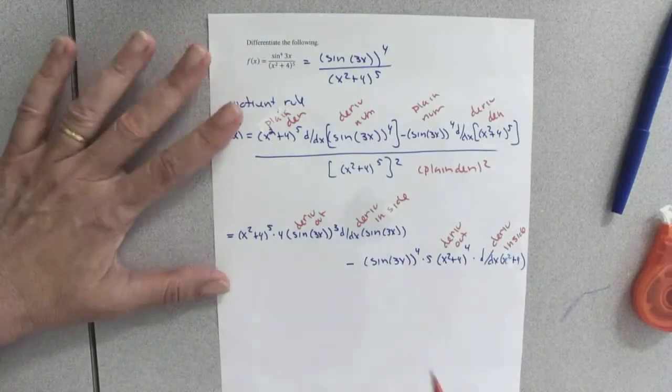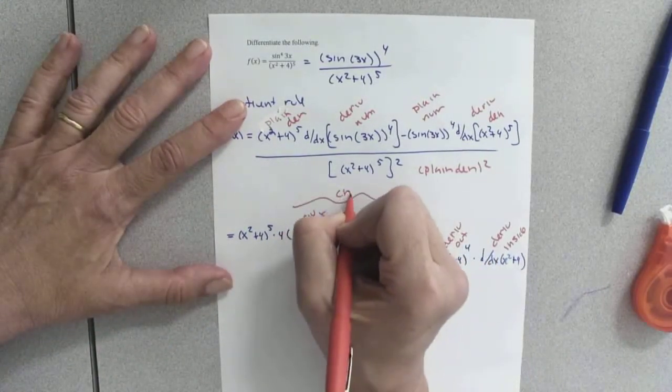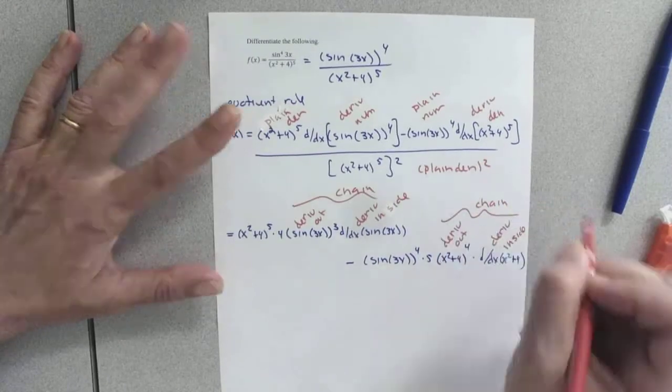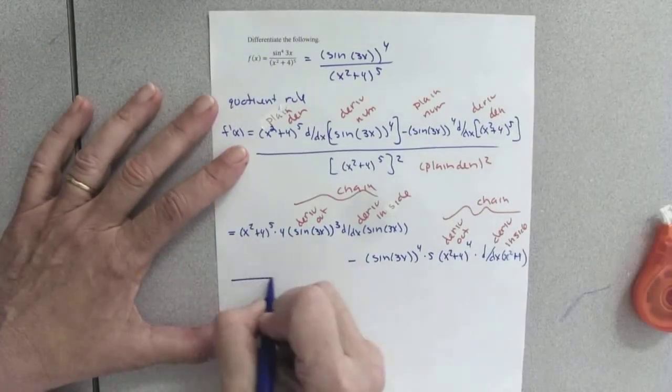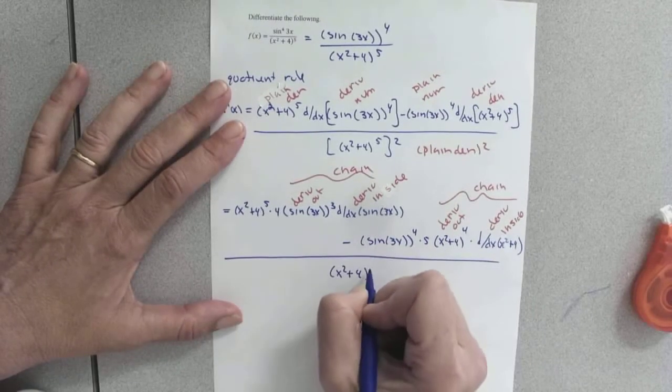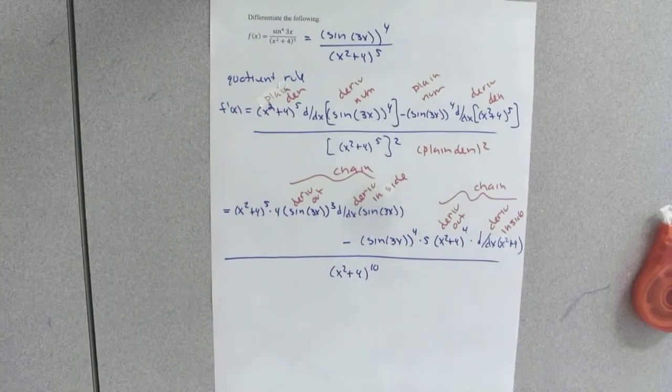Now we had some chain rules here. Chain, chain. And then all over my denominator, exponents to exponents, I multiply.